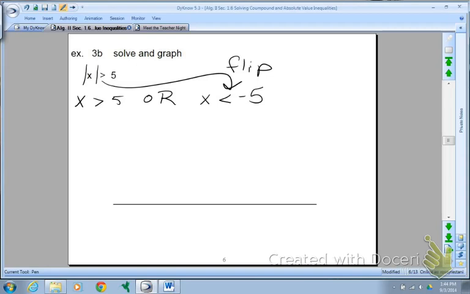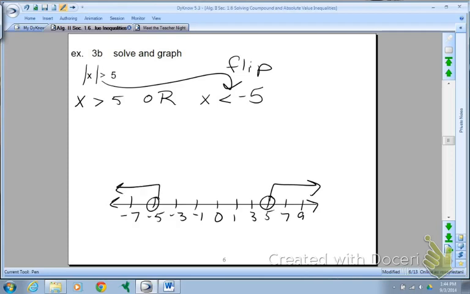Now, this is already solved, so there was no solving involved. So let's go ahead and graph it. Open circle at 5, and it goes to the right. Open circle at -5, and it goes to the left. To put it in interval notation, negative infinity to -5, union with 5 to positive infinity.